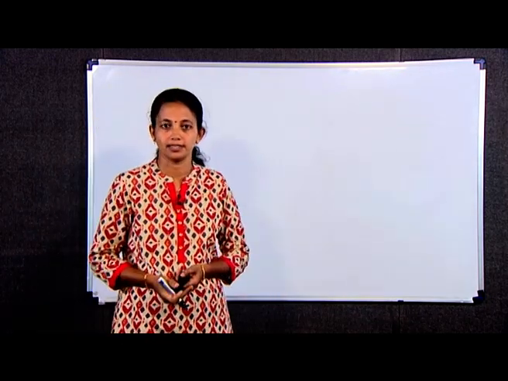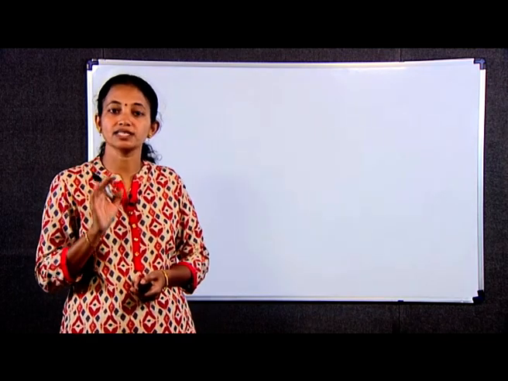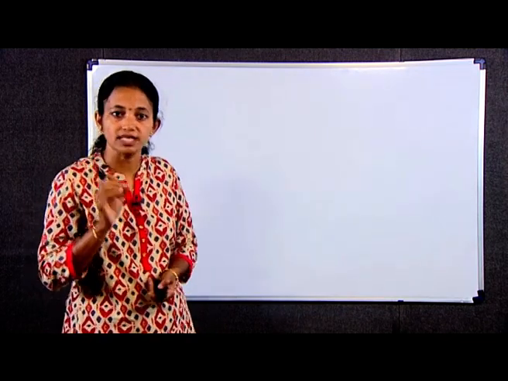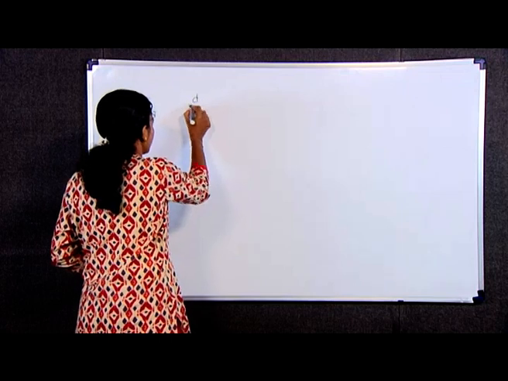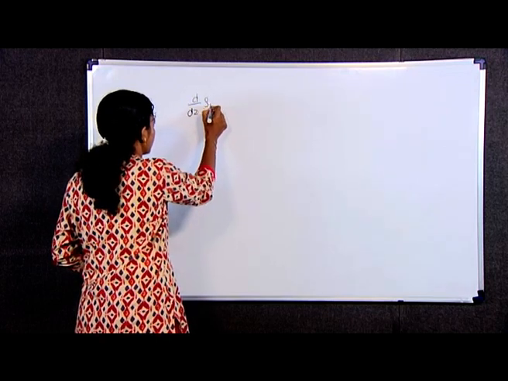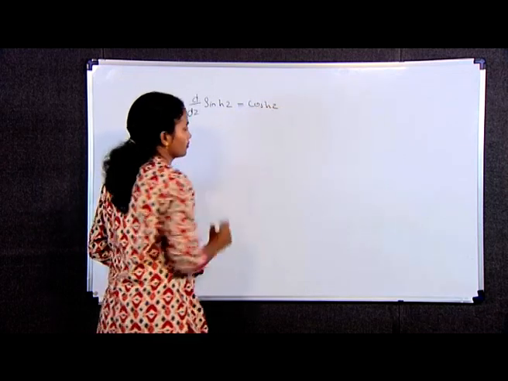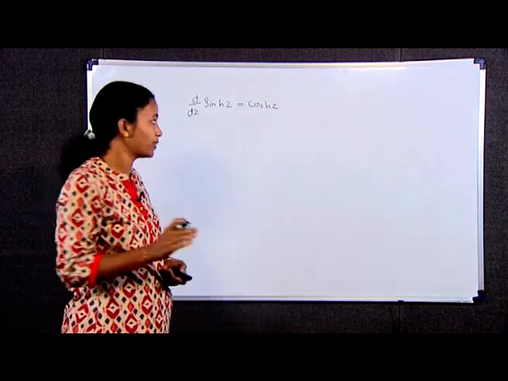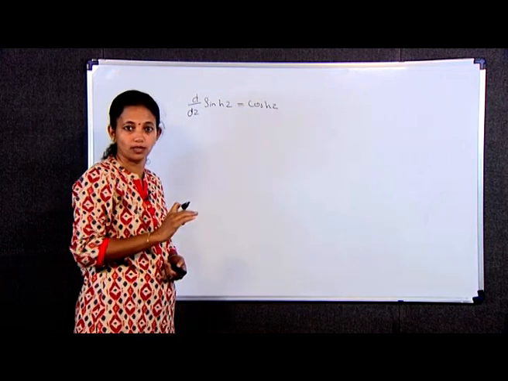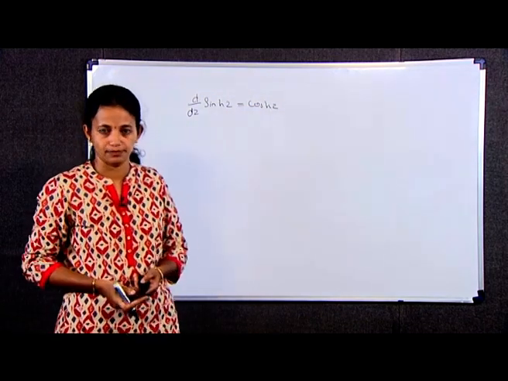Next we have differentiation formulas. We have seen that d by dz of sinh z is equal to cosh z, and d by dz of cosh z is equal to sinh z.